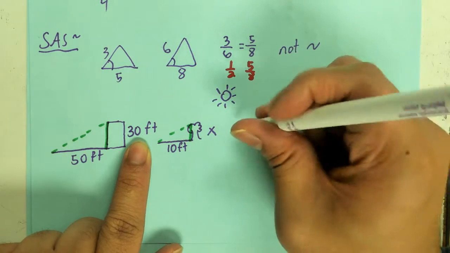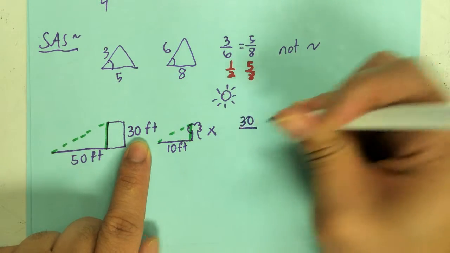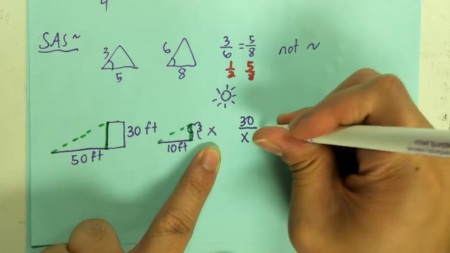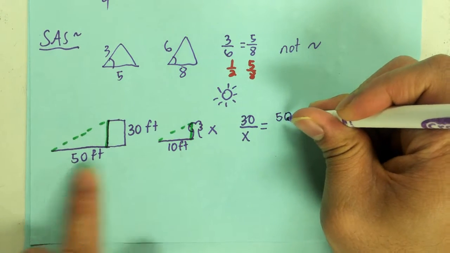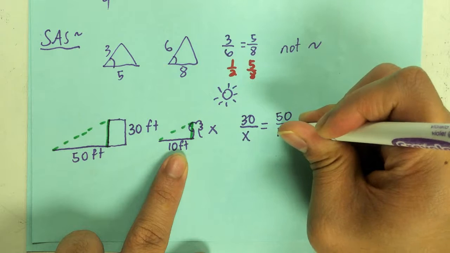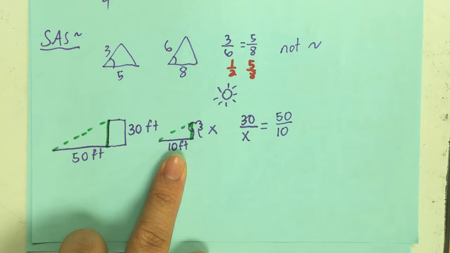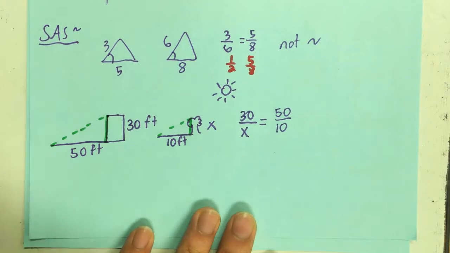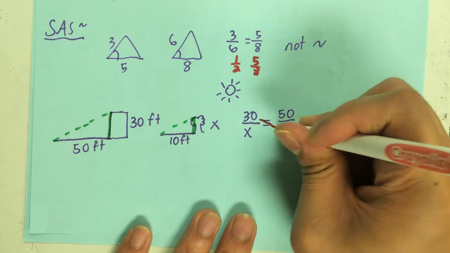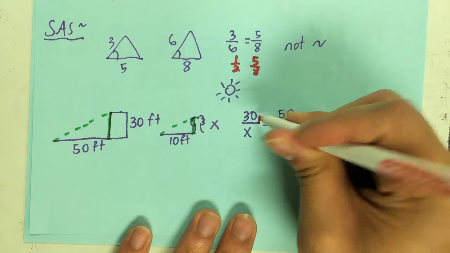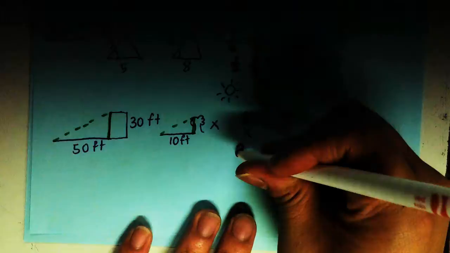The 30 of my building matches the x of the tree equals, going back to the building, the 50 of the building matches the 10 of the tree. So at this point, we can cross multiply to solve. 30 times 10 gets me 300.